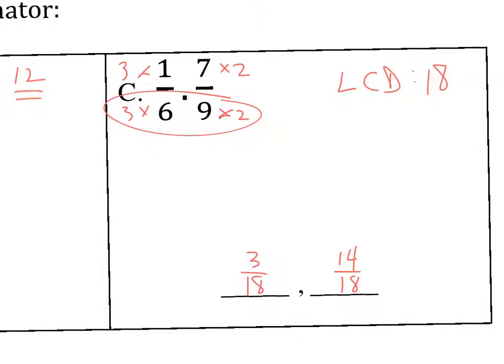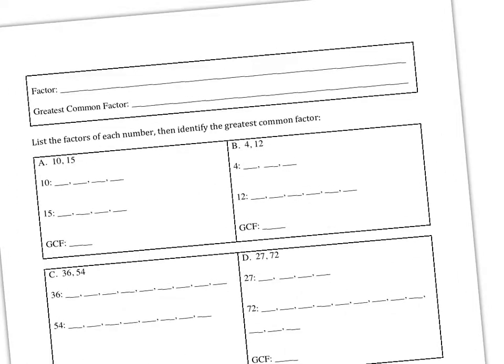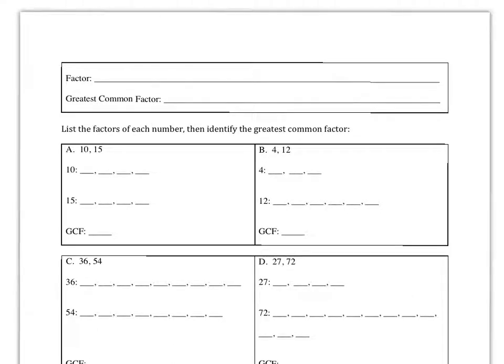All right, go to the back side. Now we're going to talk about the idea of a factor. On the front side, I talked about the idea of multiples and LCM. Can anybody tell me what a factor is?